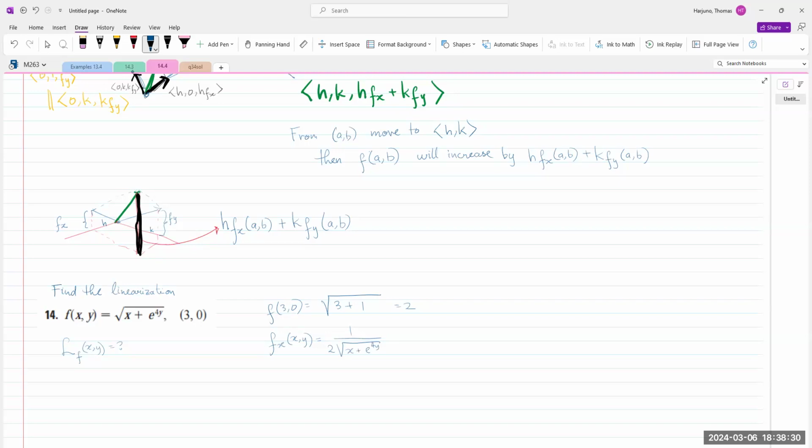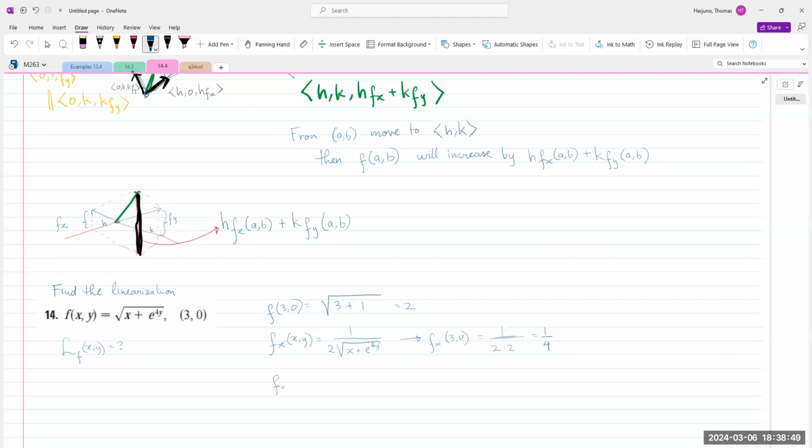Is it right? Such that f sub x of (3,0) is 1 over 2 times that square root, but that guy is the function, so that's times 2, so that's 1/4.